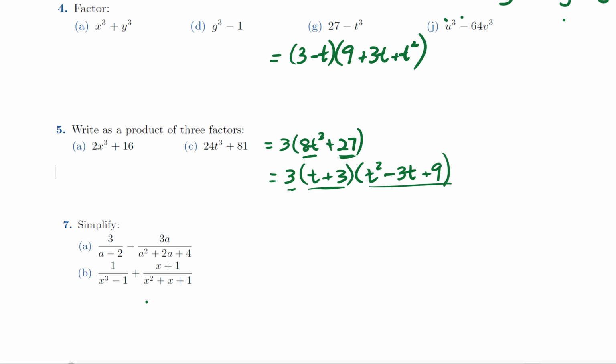Now finally, before I let you loose on the exercises on this, let's just do this one here. It's a horrible one. It's an addition of fractions and that means we've got to get a common denominator, something that x cubed minus 1 will go into, and that x squared plus x plus 1 will go into.